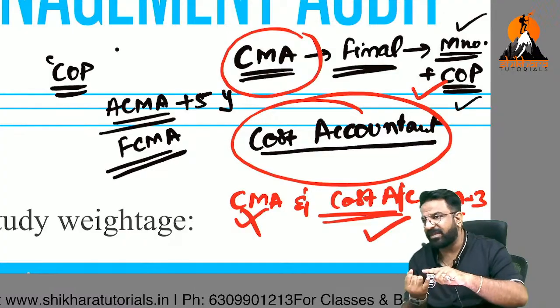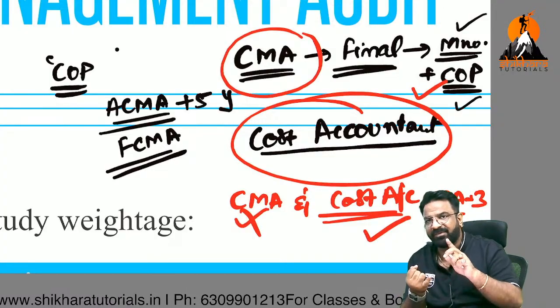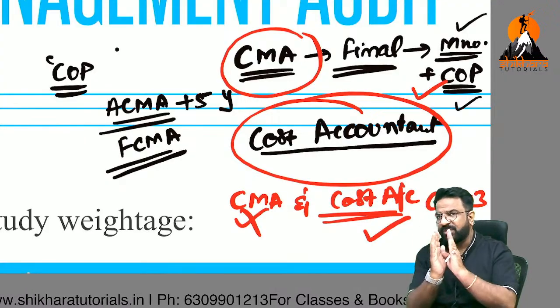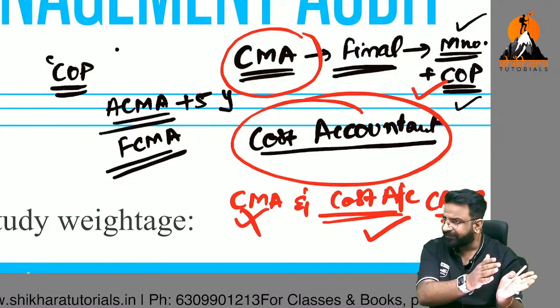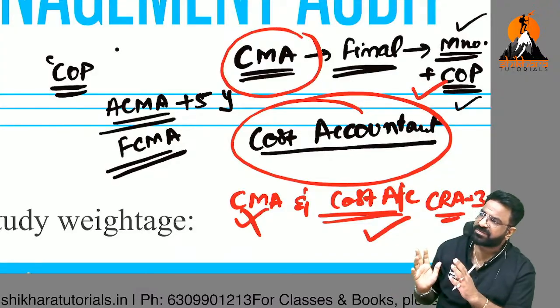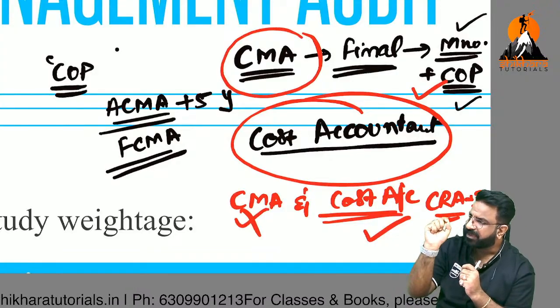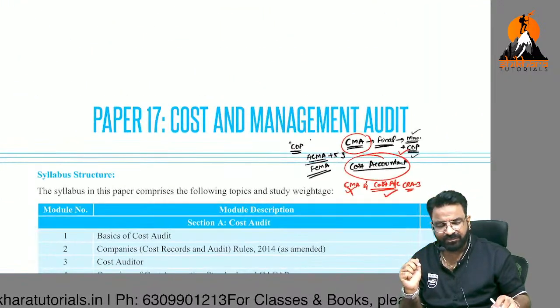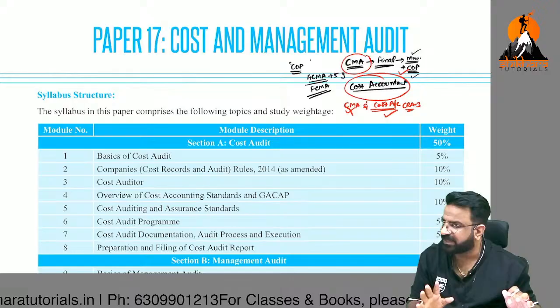Both of them are qualified, both have the subject knowledge of all 8 subjects, so there is no difference between them. One is able to sign, one is not able to sign. That is the major difference you should know before starting the subject called Cost and Management Audit. I hope the introduction was good enough.